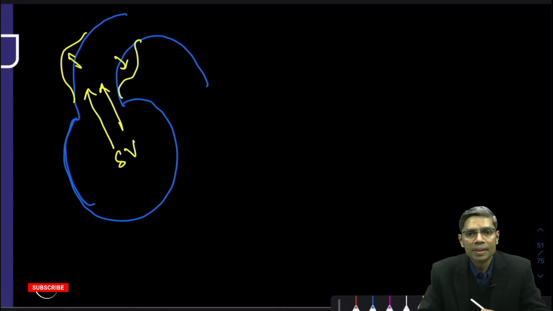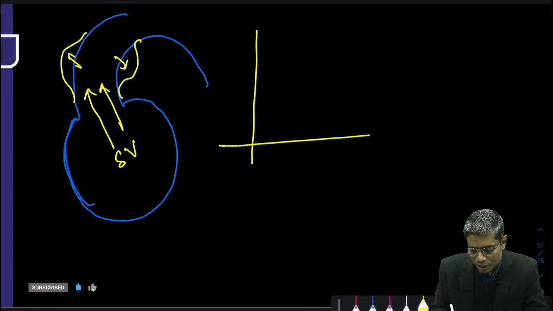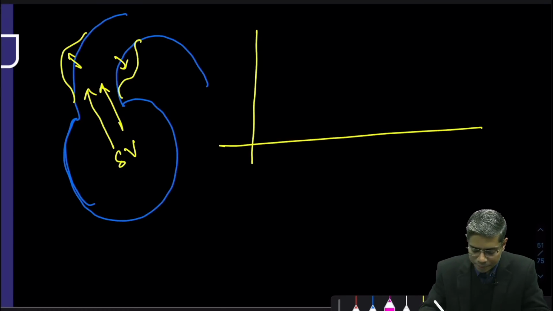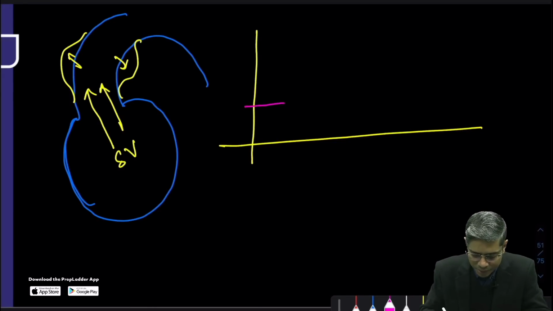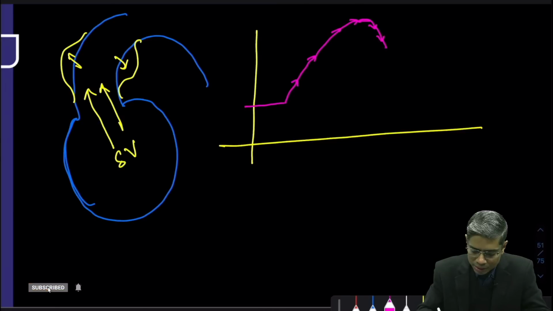So this pressure rise, if I plot it on a curve, it will look like this. So this is happening during ejection of the blood. After that, what will happen? At the end part of the ejection, the aortic pressure will start to fall like this.